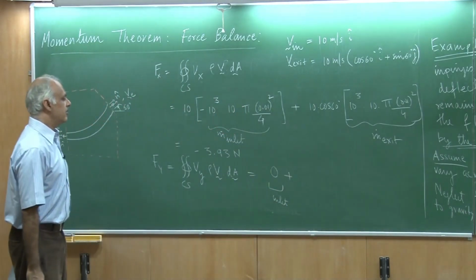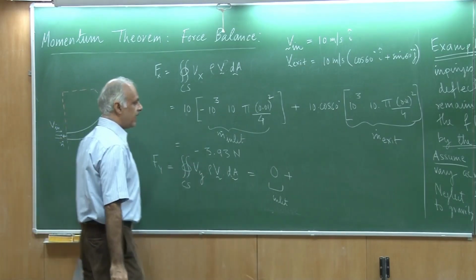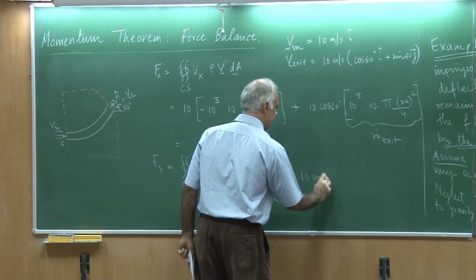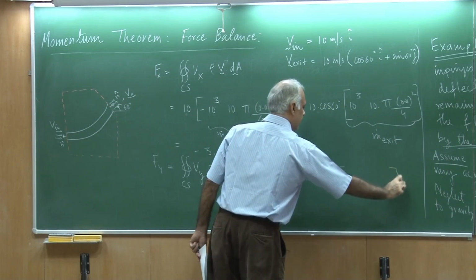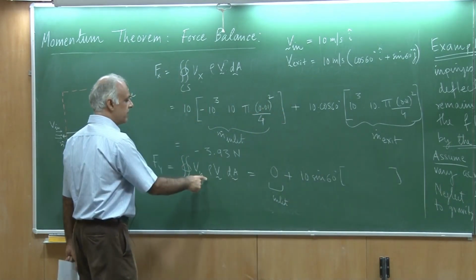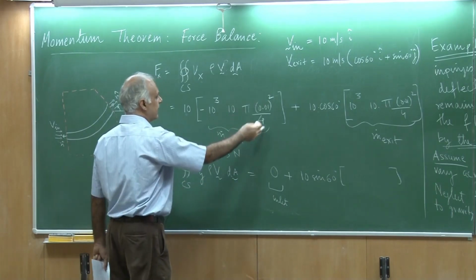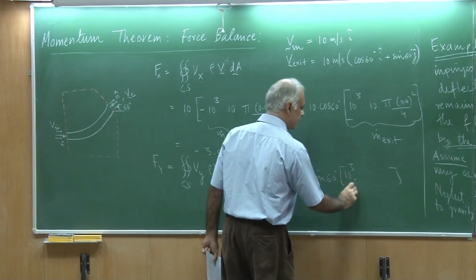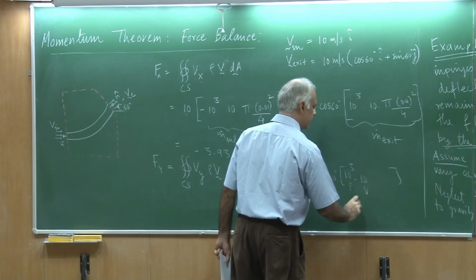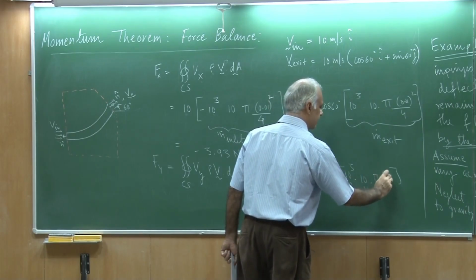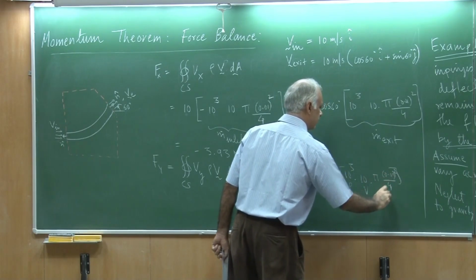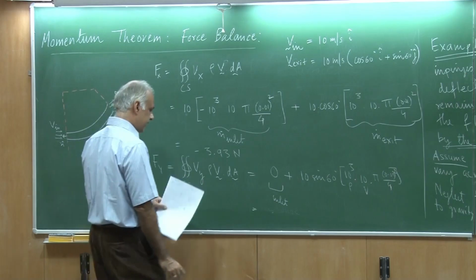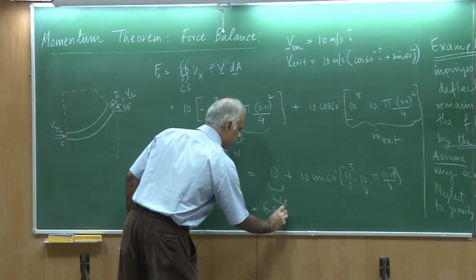And then for the exit, I have V y as 10 meters times sine 60 degrees, times the m dot, rho V dot dA, and that I have already calculated this quantity over here, but it is going to be positive. So that is 10 to the third, which is the density, the velocity, and the area. And if you compute this, this turns out to be 6.81 Newton.